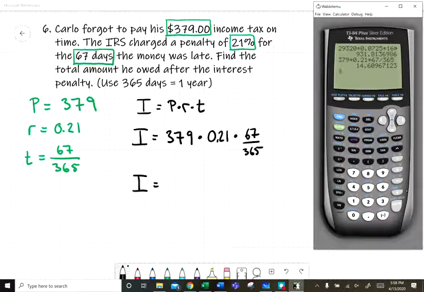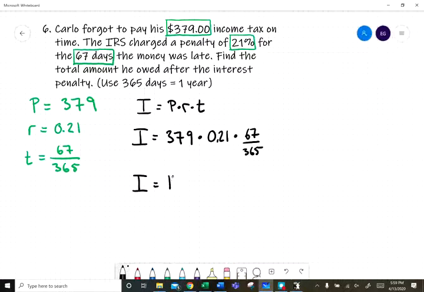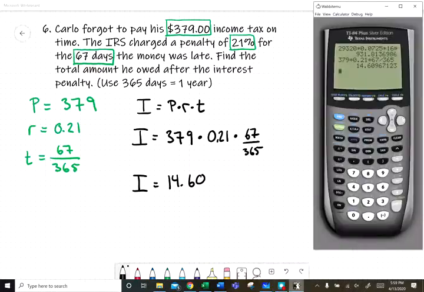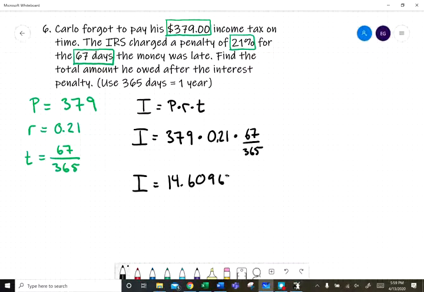Okay, so our interest is $14.60967123. Okay.